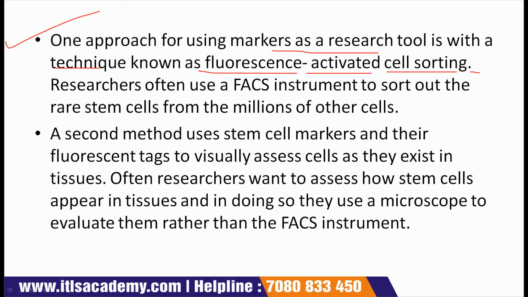In short it is known as FACS, and this is a very important technique for the identification of various kinds of cells, and we can identify cells by their shape and their size with the help of it. Although I have discussed this technique in detail in our previous lectures too, and if you want to learn this technique in detail, you can switch to those lectures of regenerative medicine.